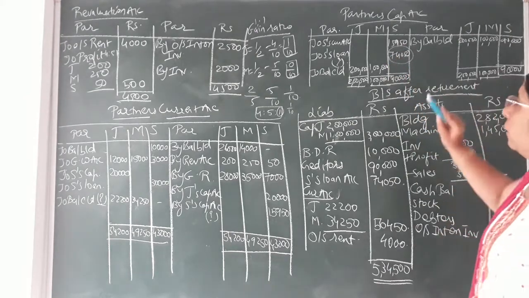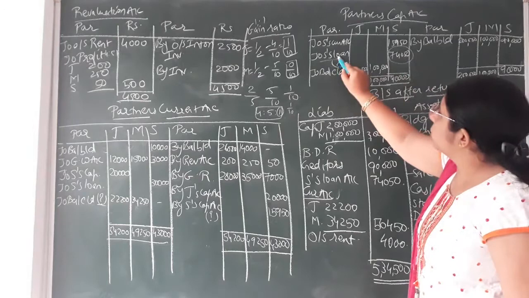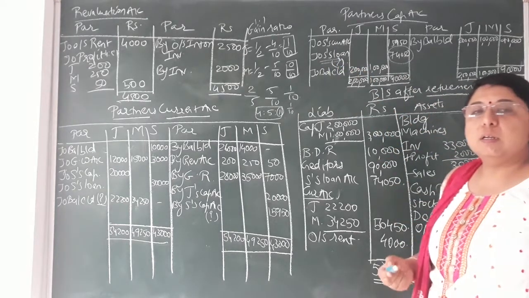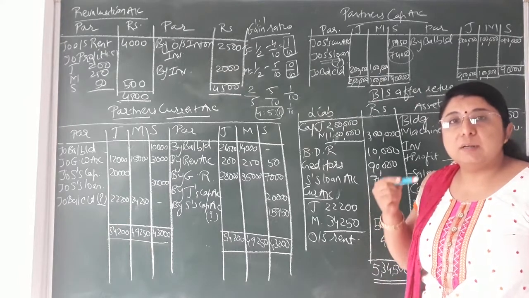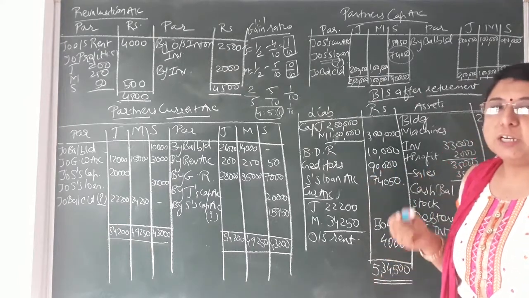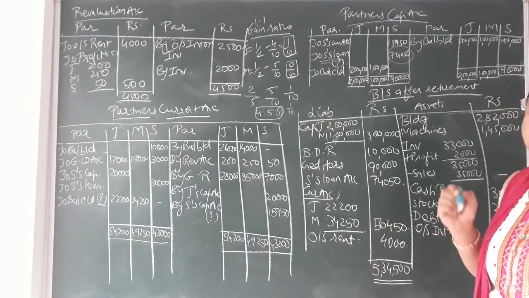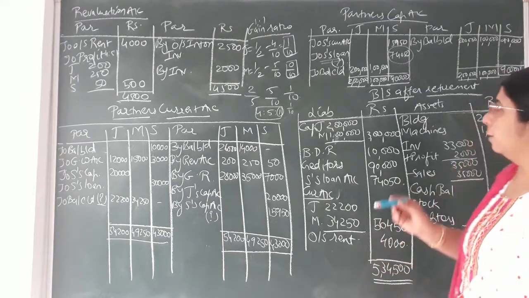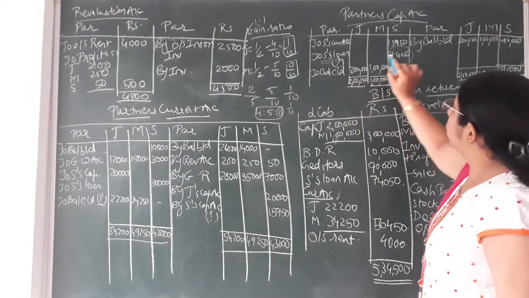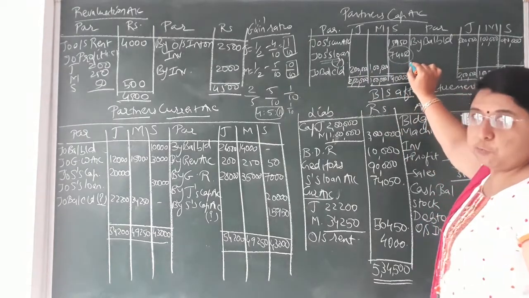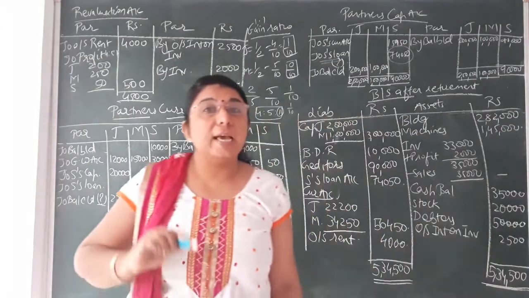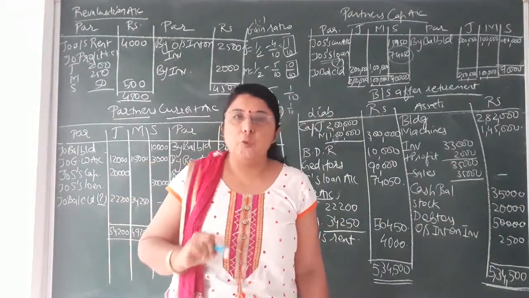The remaining amount would be 74,050. That 74,050 would be considered as her loan, because now that partner is not existing as a partner, she has retired. So whatever her balance is would be considered as a loan, and that is payable by the continuing partners. So in the loan account it would go as 74,050. Never would the retiring partner's balance be shown as capital in the new balance sheet.